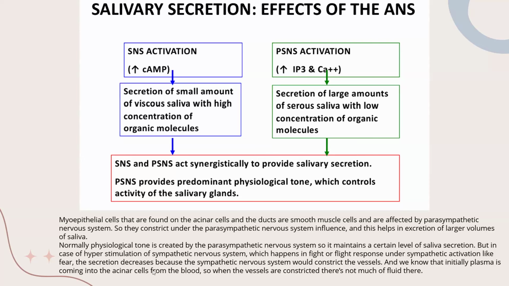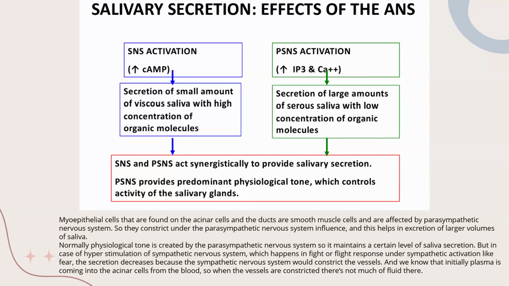The myoepithelial cells, they are found on the acinar cells and the ducts, as we explained before. The myoepithelial cells are smooth muscle cells. So if they're smooth muscle cells, they are affected by the parasympathetic nervous system. So they're constricted under the parasympathetic nervous system influence.